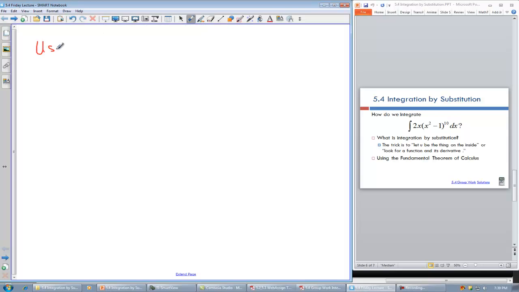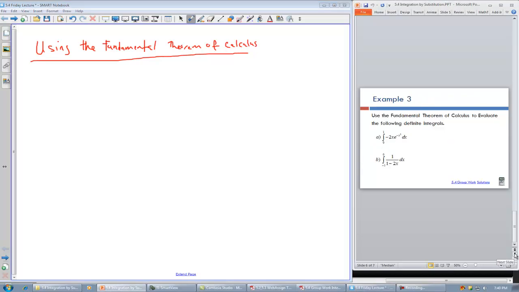Using the fundamental theorem of calculus. And let's just do an example of how this works with using substitution and the fundamental theorem to do a definite integral. So here are some examples.